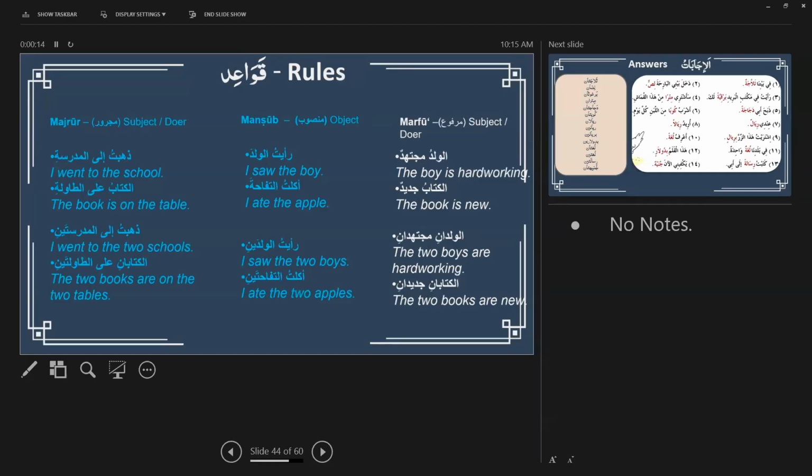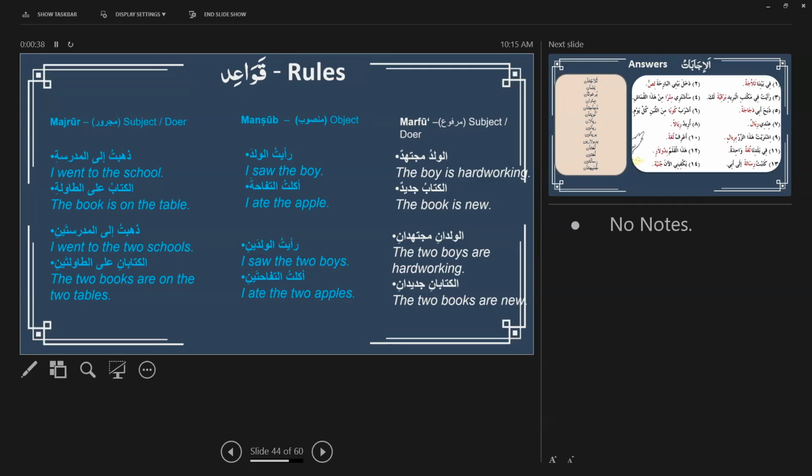If you see on your right-hand side, this is the sentence which is marfu, right? Al-waladu mujtahidun, the boy is hardworking. Al-kitabu jadidun, the book is new. Easy sentences, right, everybody? Yes? Easy.